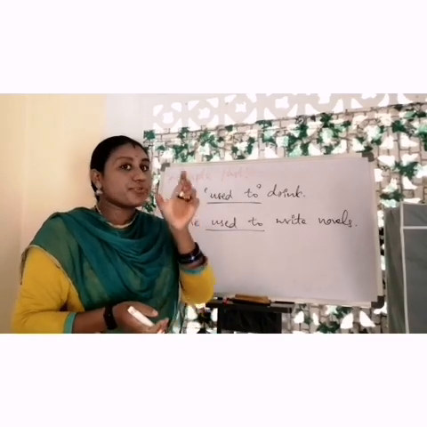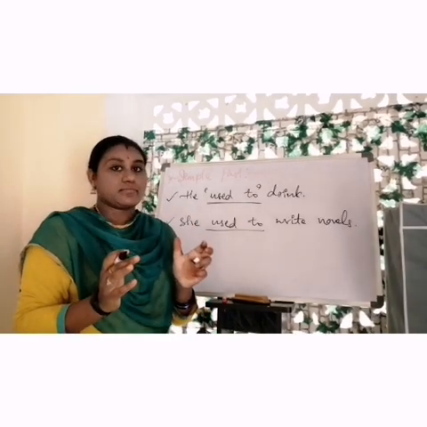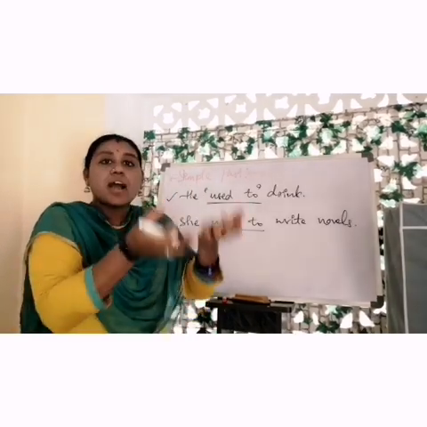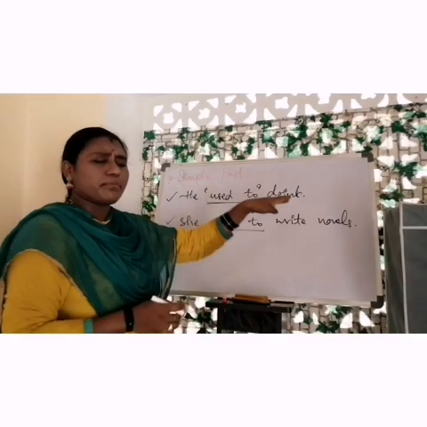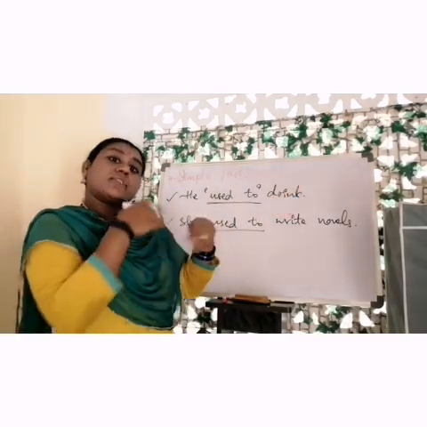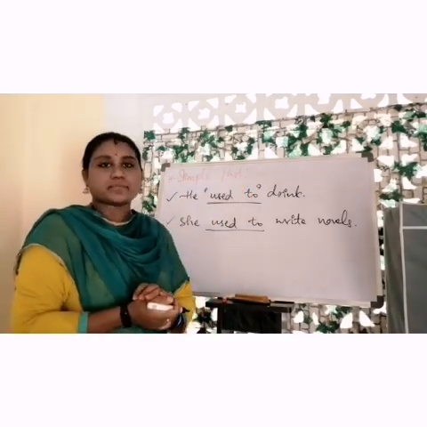Okay, so the term "used to" tells you that the action was in the past but not at present. Of course, so he used to drink means he had a hobby in the past but not at present.